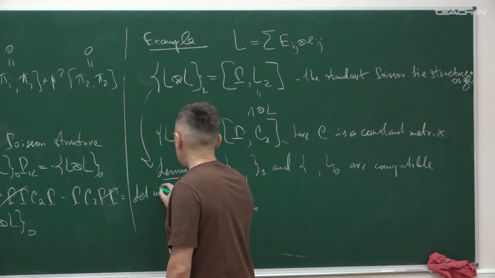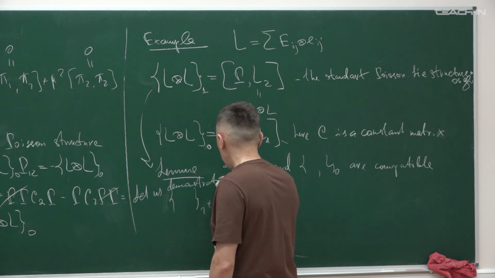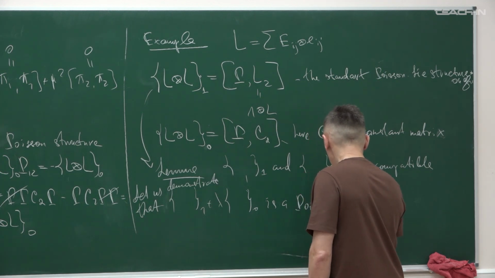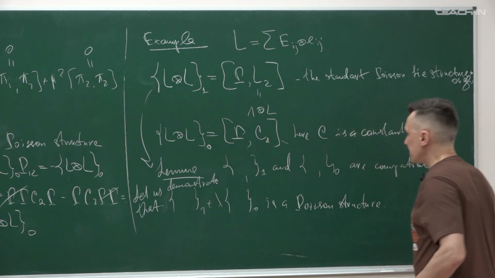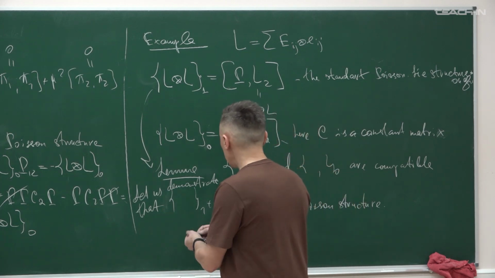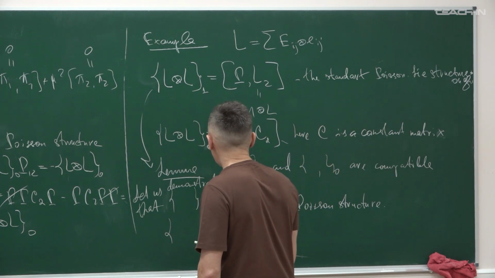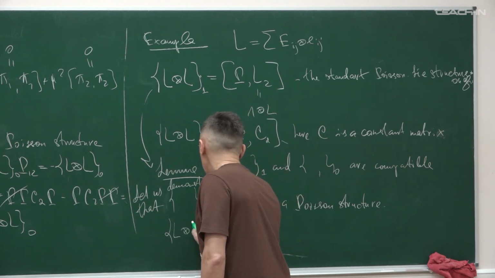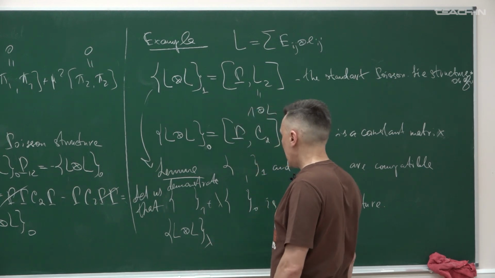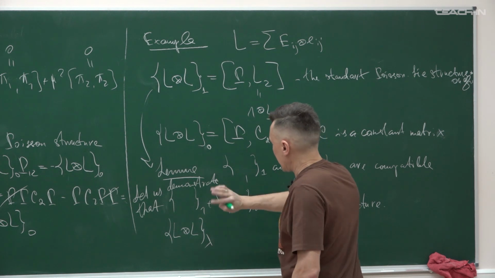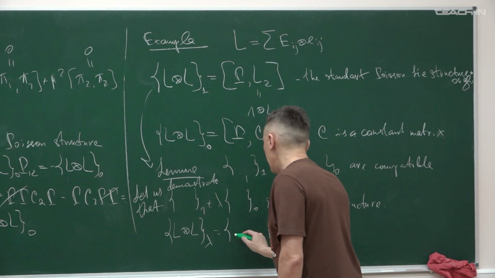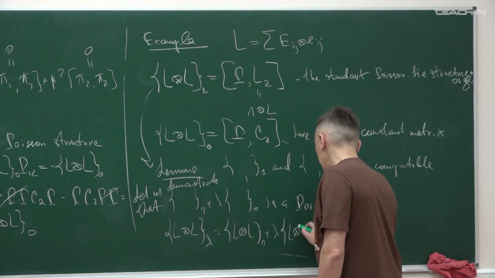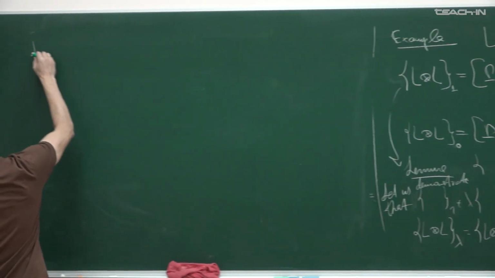Let us demonstrate that it is a Poisson structure, and it means that we consider L_lambda, the linear combination of such two. Okay, and what does it mean?